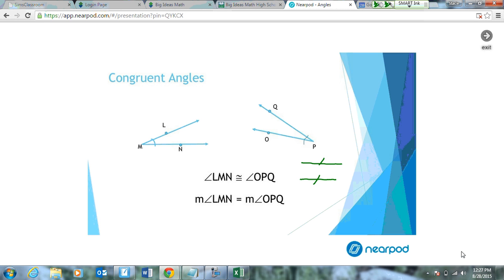How do we denote that angles are congruent in a drawing? Little arcs. Yep, those little measure symbols. They're going to be angles. Angles are made with rays with a common endpoint, a common vertex.